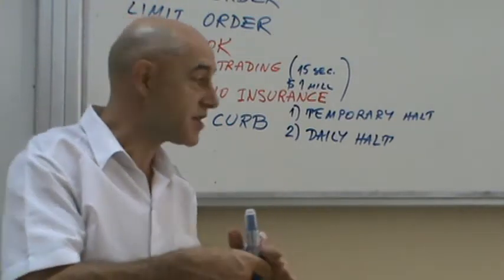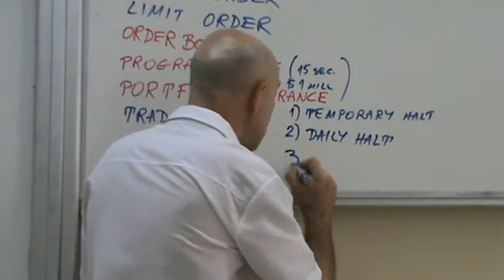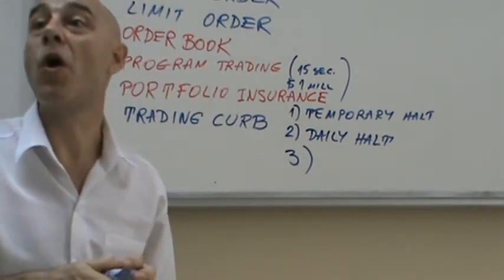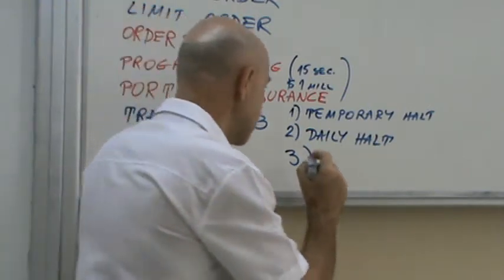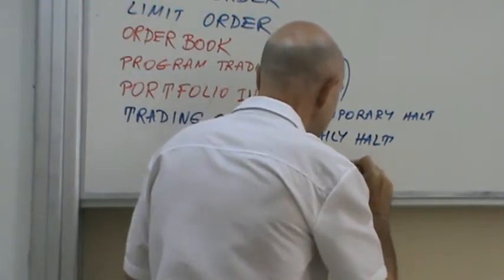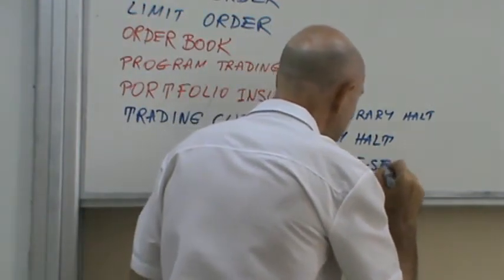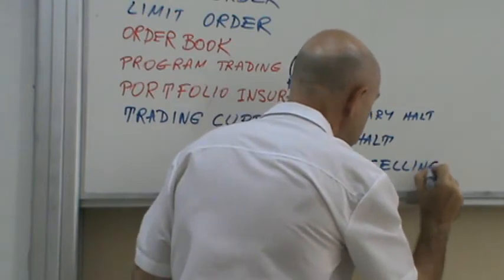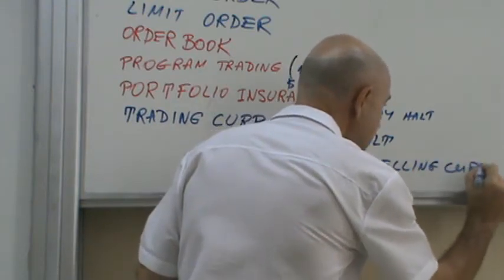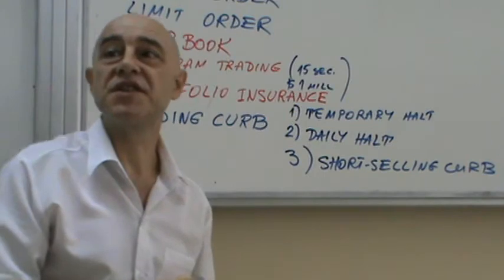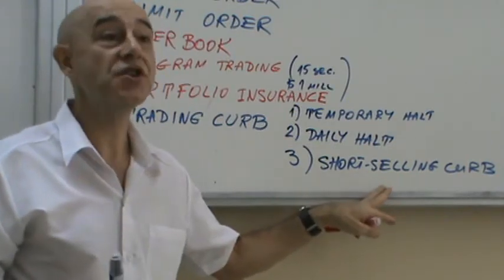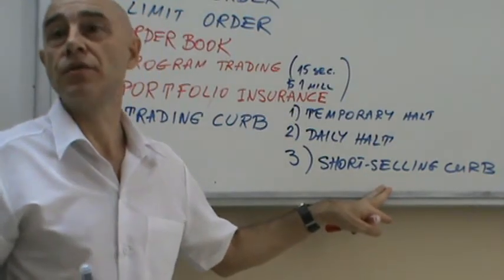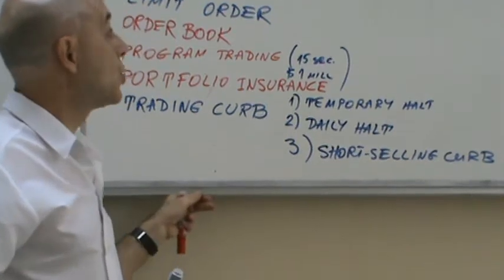There may be a special type of trading curves which affect only short selling. Where there is a special limitation only to selling short. So now I need to explain what is short selling.